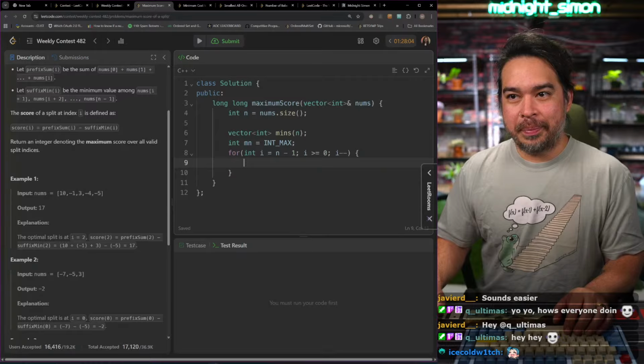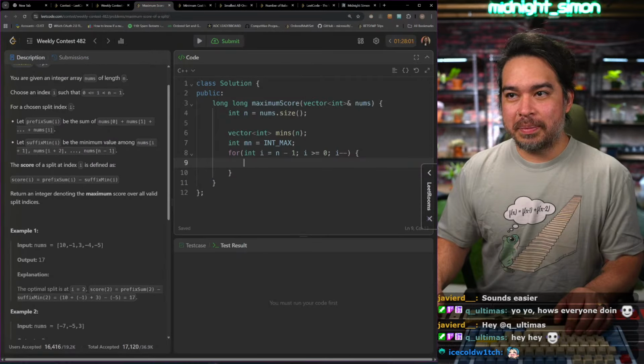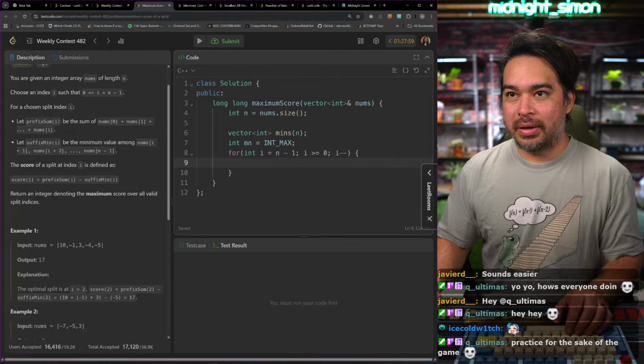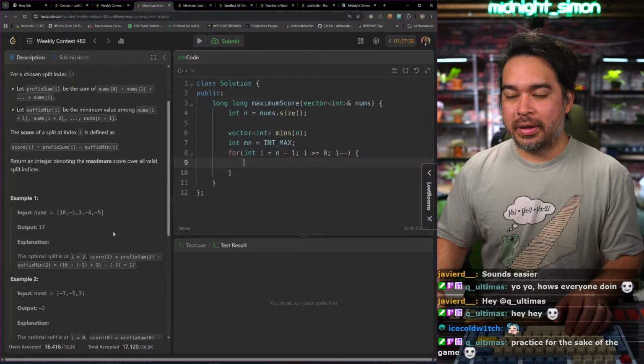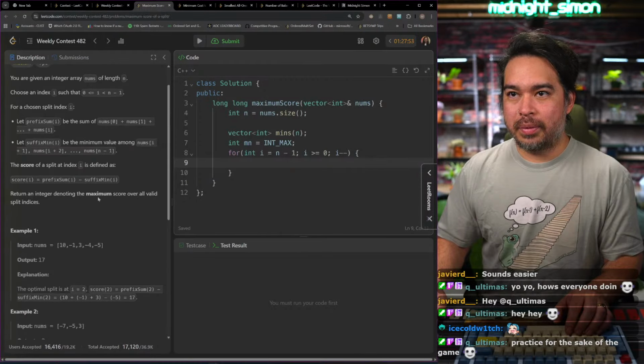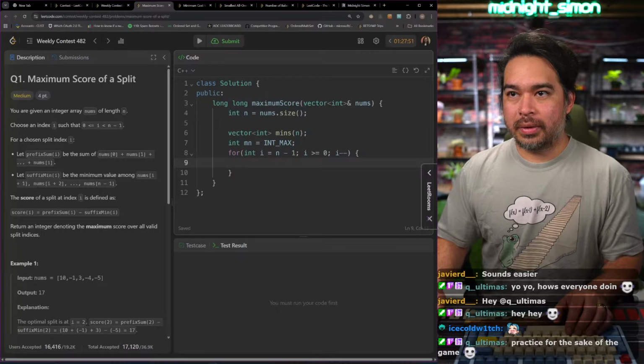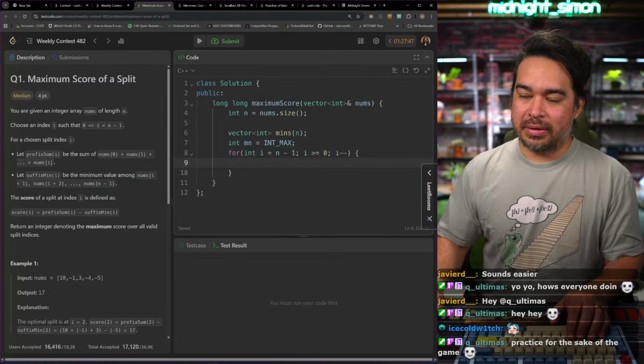What was I doing? I'm trying to remember the suffix mins at i. So if the suffix, oh, so the split can't be the last one. I see.